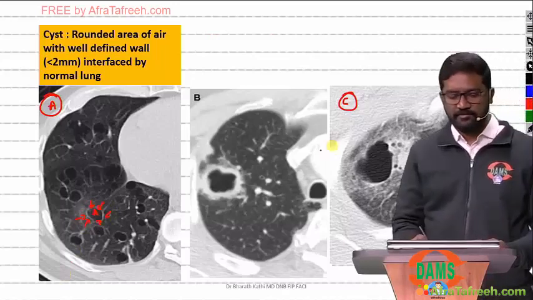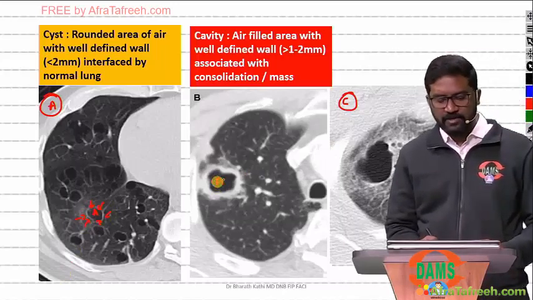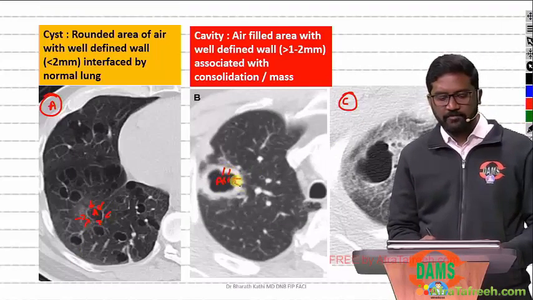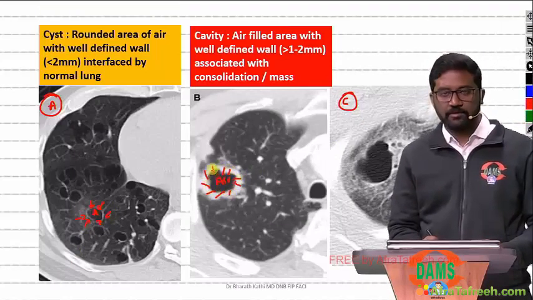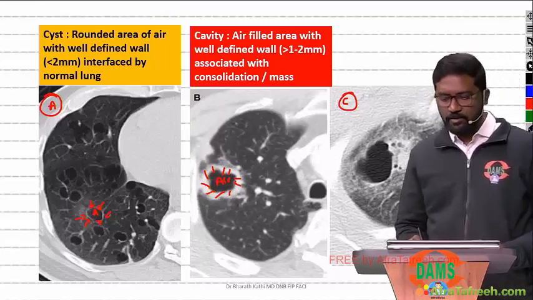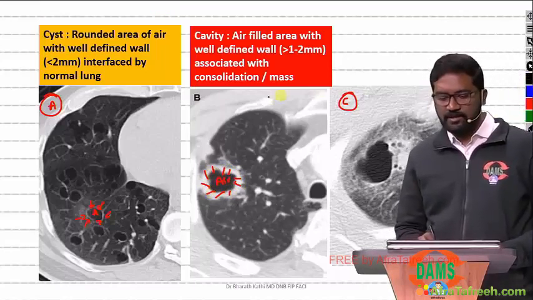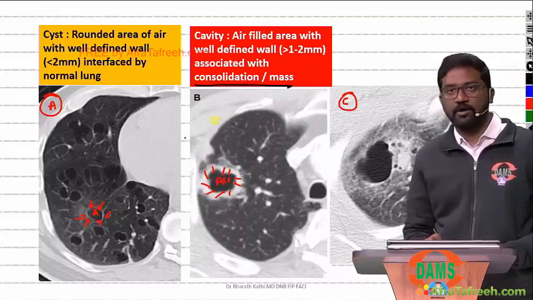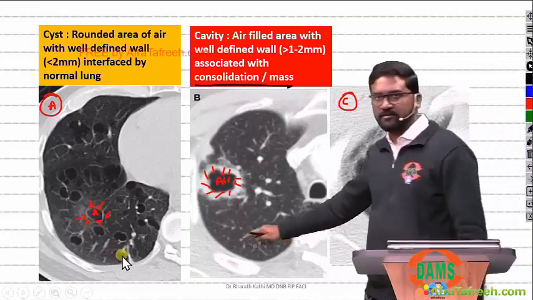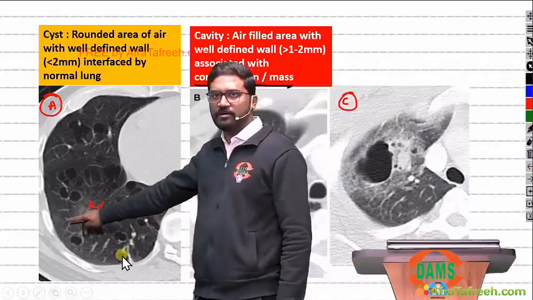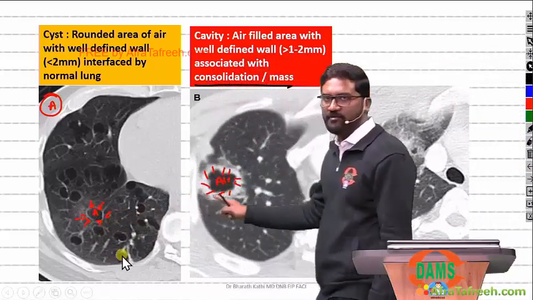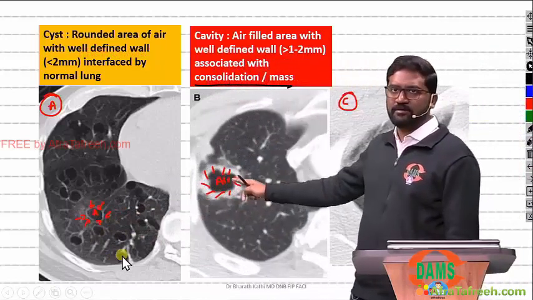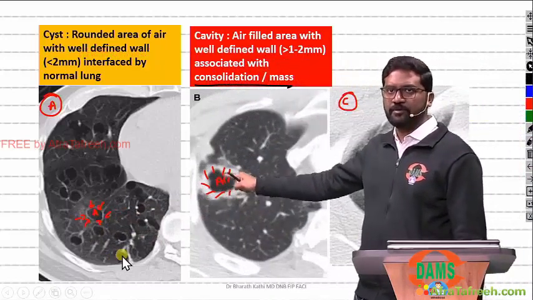Whereas a cavity is also an air-filled area, but the wall thickness will be more than 1 to 2 mm. And always know that a cavity is associated with an ongoing etiology. So a cyst can be a primary pathology, whereas a cavity is always a result of some ongoing pathology.